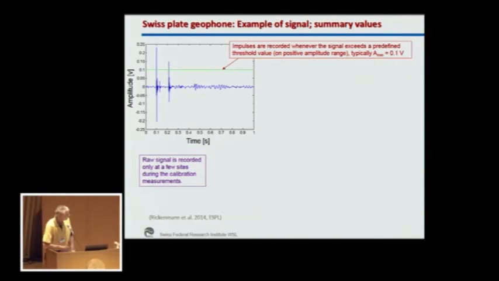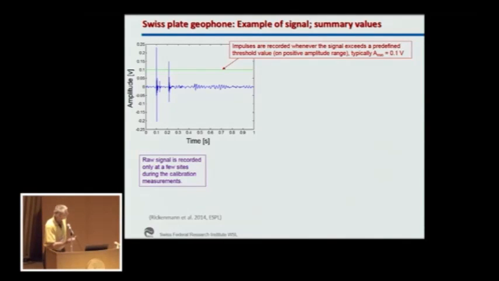Now, here you see a typical signal on the left-hand side, and I have to say that in the past we usually did not store or record the full raw signal, because this for a long time was not really feasible. So we have developed some procedures of pre-processing of the signal, and we only store a limited number of summary values.